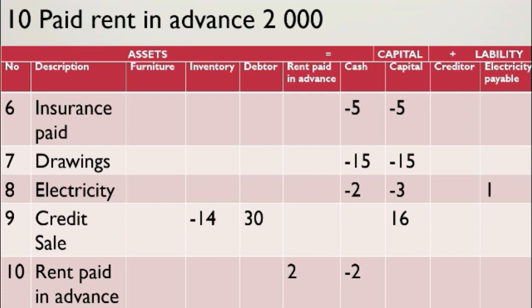Here we are paying in advance. We are paying next month's rent. Because we are paying the next month's rent now itself, we don't have to pay this 2,000 rent next month. So we can create an asset called rent paid in advance. So we can go to the rent paid in advance column and add 2,000.